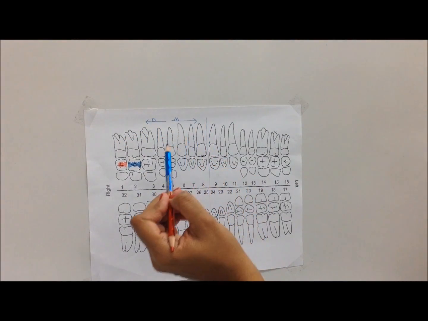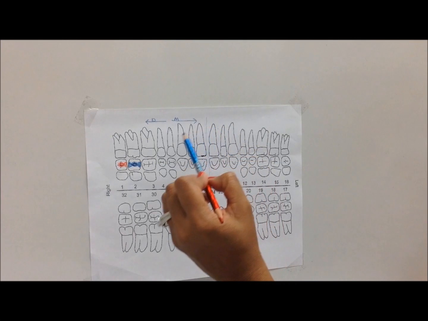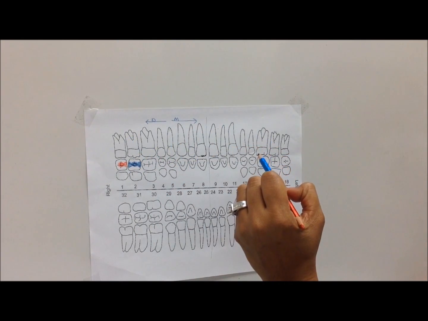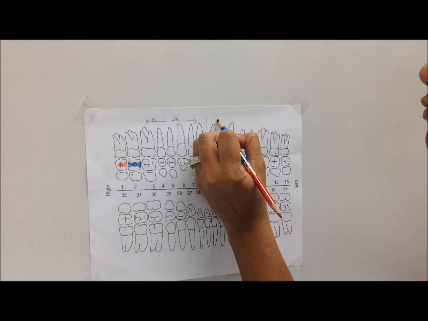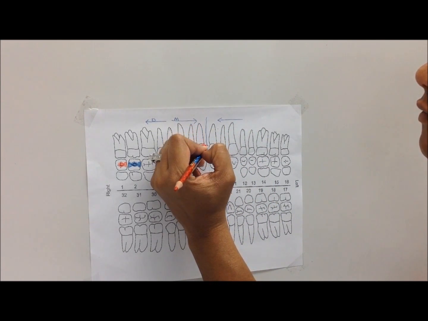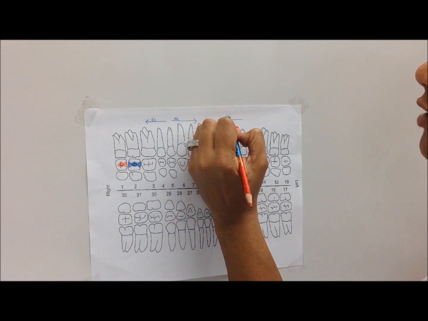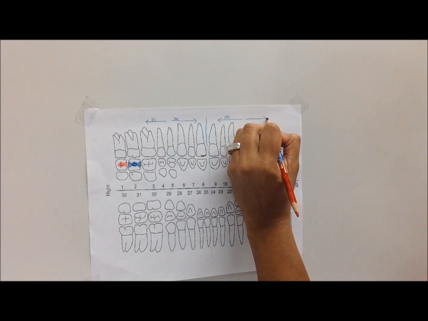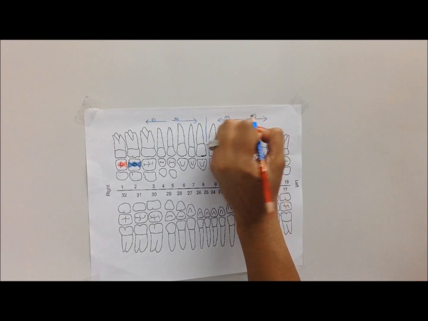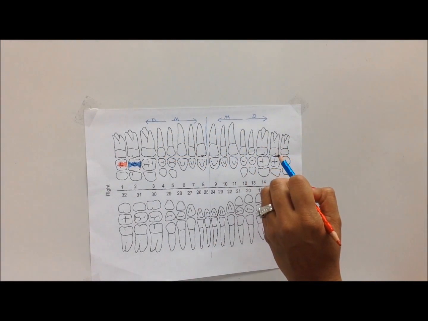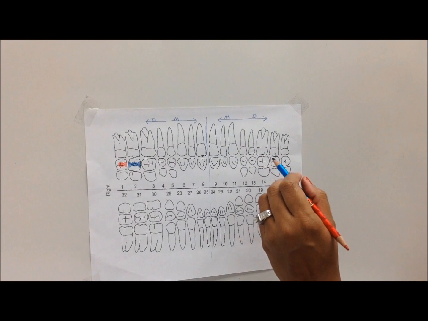Now, when you cross over from this first quadrant over to the very next quadrant, your mesial will still point toward your midline, which is right here. So that's an M for mesial, and your distal will go the distance away from the midline.